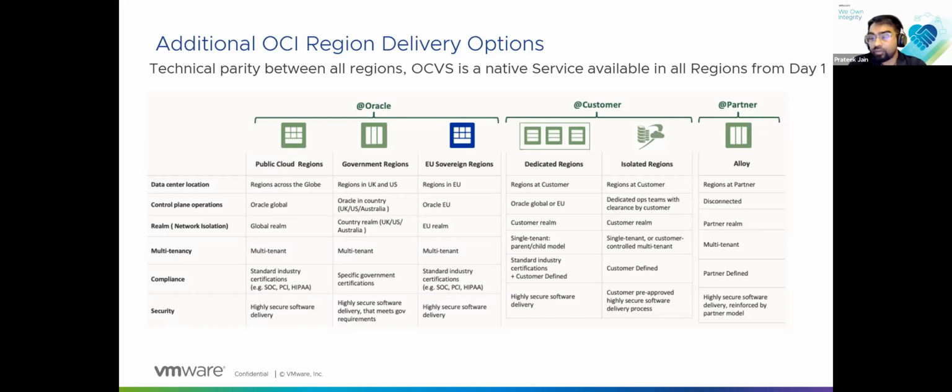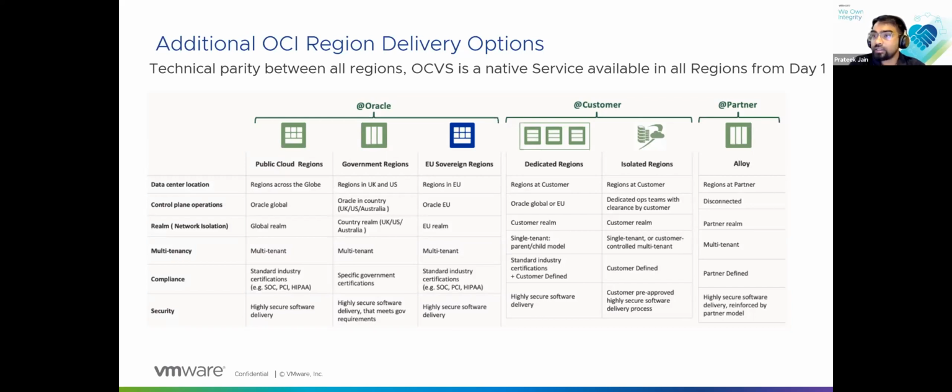Then we have isolated regions, which are very specific regions in customer realms, with compliance defined by the customer, and there are dedicated ops teams for clearance at the customer. The last and most important one is Alloy.